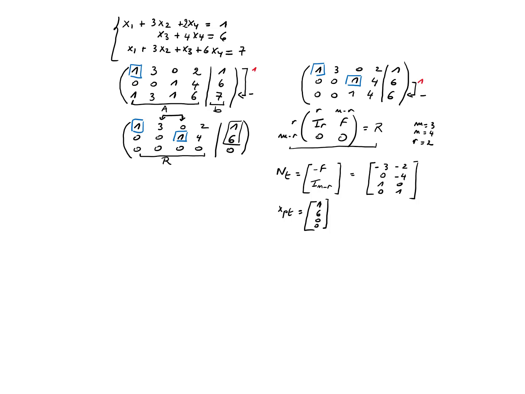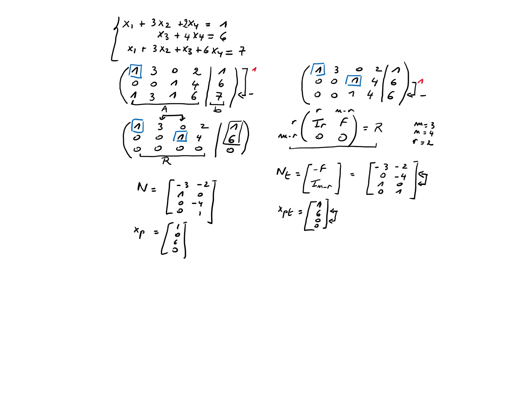Okay, so what we'll have to do here is swap the rows, I need to swap the rows. So my N is now minus 3 minus 2, 1 0 0 minus 4, 0 1, and my particular solution is 1 0 6 0.